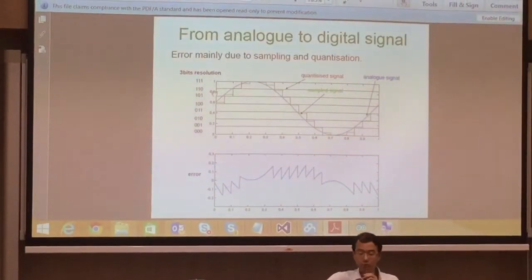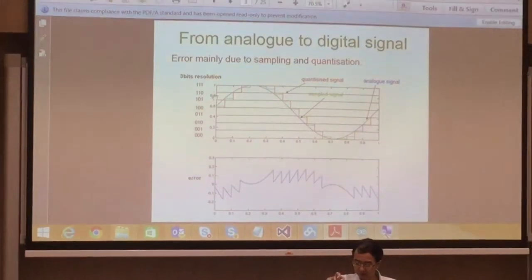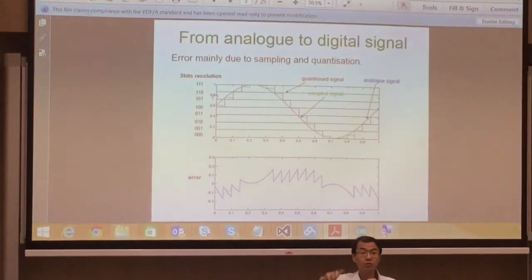So we want to represent the input value from 0 to 1 volt using 3 bits. Then your digital output can only be from 000 to 111.